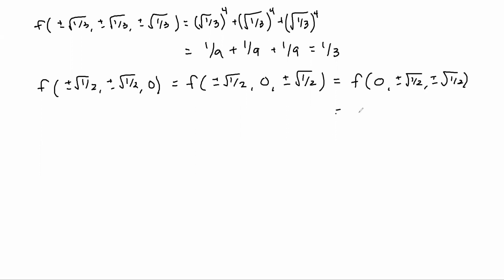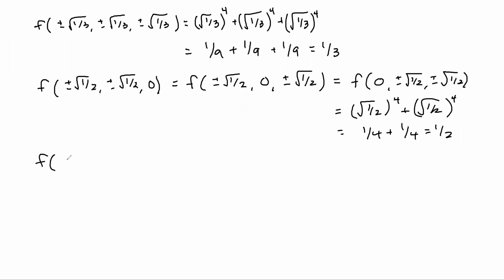And all of that equals root 1/2 to the 4th plus root 1/2 to the 4th. Root 1/2 times root 1/2 is 1/2, and 1/2 times 1/2 is 1/4. So we get 1/4 plus 1/4, which equals 1/2.